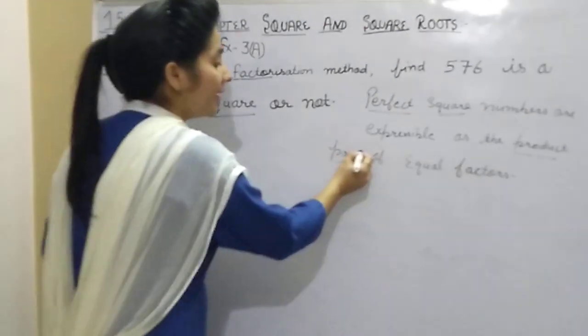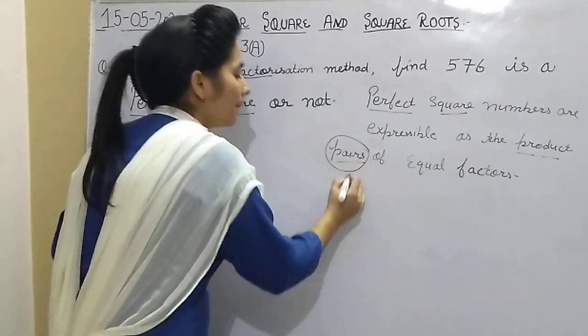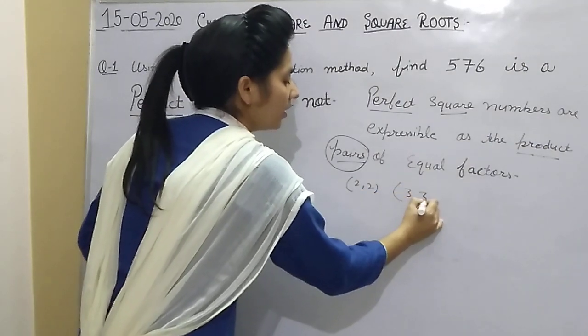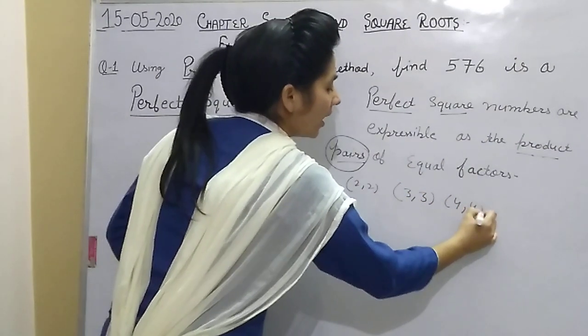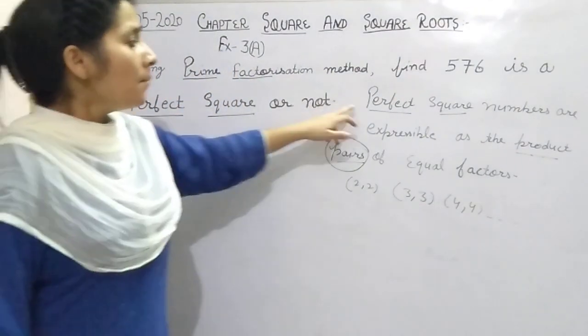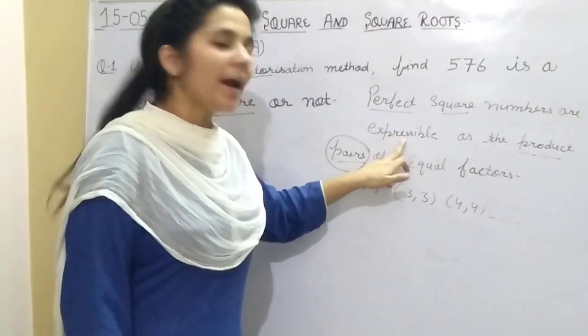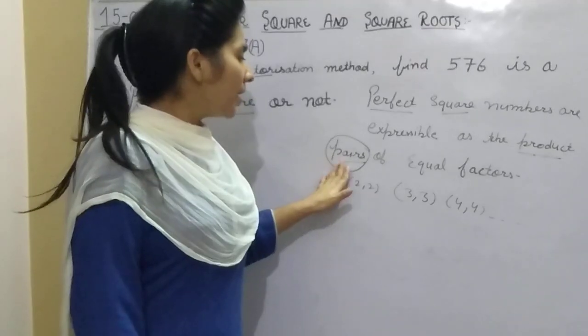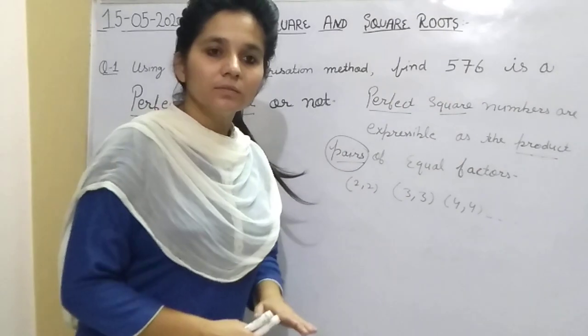There is one word, pair. Pair like 2 2, 3 3, 4 4 and so on. Perfect square numbers are expressible as the product of pairs of equal factors.